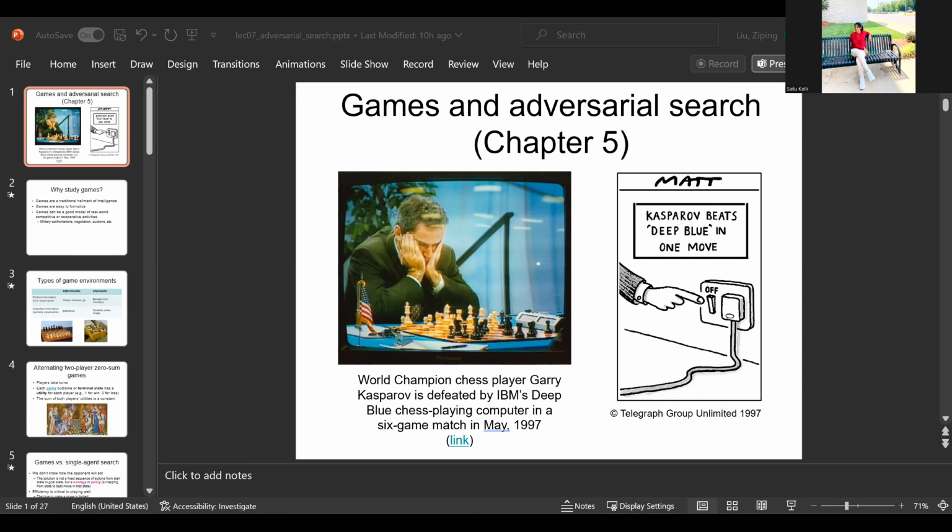Okay, then let's see the optimality of minimax. Minimax is optimal against an optimal opponent, because each one will either pick the maximum value or the minimum value. Then you may ask, if the opponent is suboptimal and doesn't move optimally, you will see your utility can only be higher, compared with playing an optimal opponent.